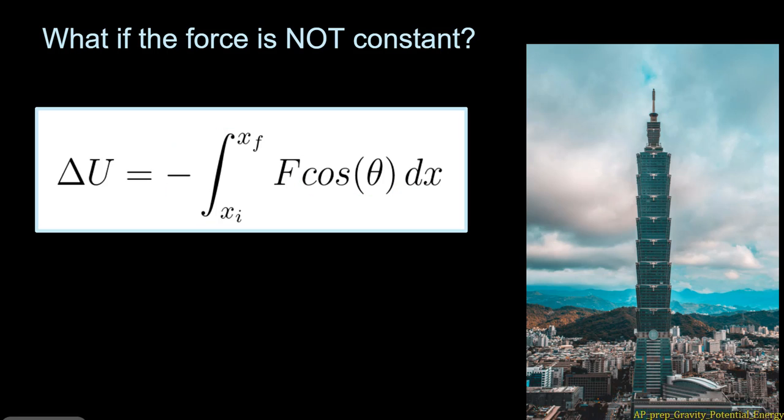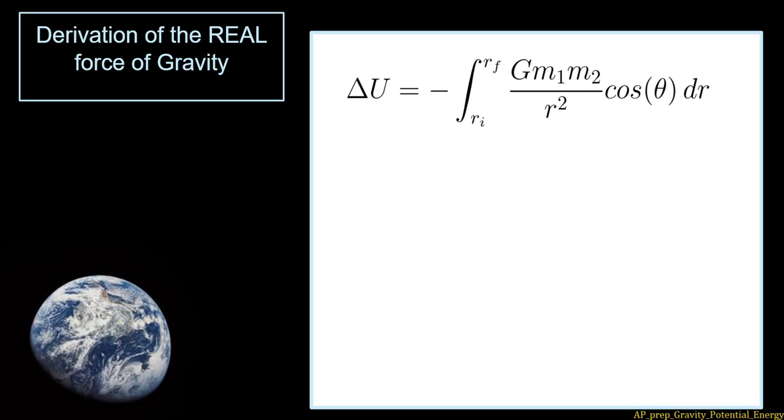So I wanted to make sure that you understood a little bit about where that stuff came from, because we're going to derive the real force of gravity. Now, you get the real force of gravity on the formula sheet, I'll show you in a minute, but every 6 to 10 years, the problem will say set up an integral but don't do the integral to show what the stored energy is, or they actually say derive the formula.